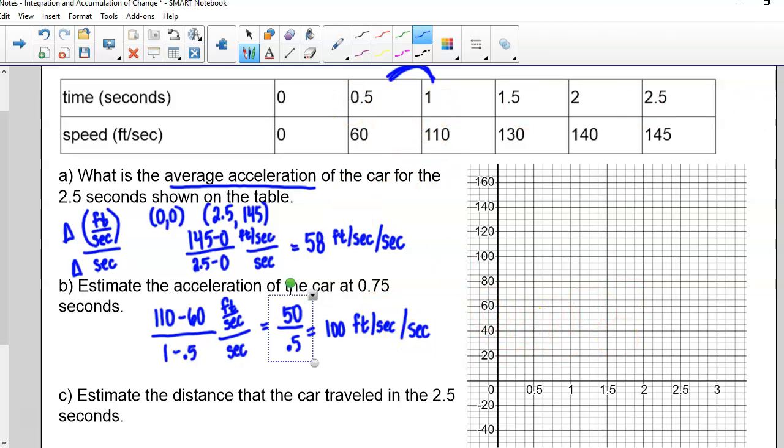So if we graph it, we've got at 0, we've got 0, 0.5 is 60, 1 is 110, 1.5 is 30, 2 is 40, and 2.5 is 45.